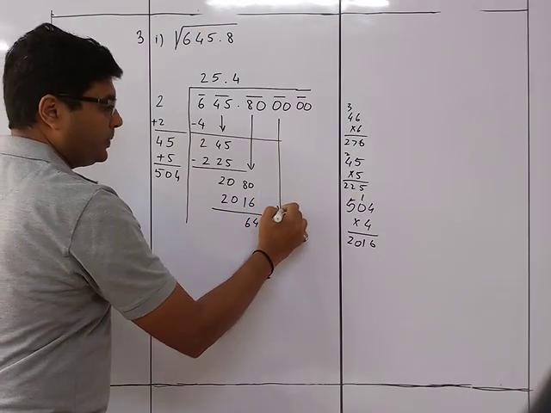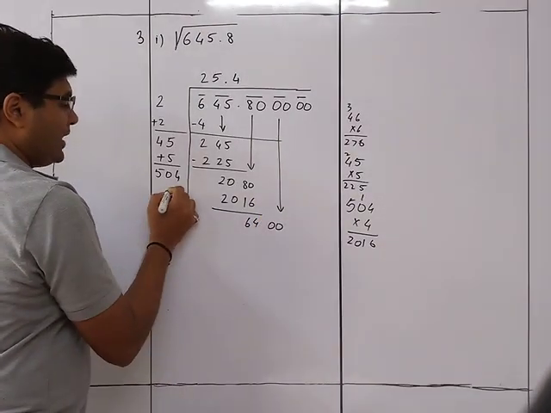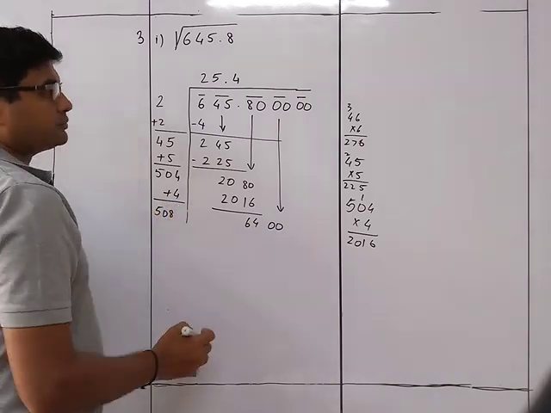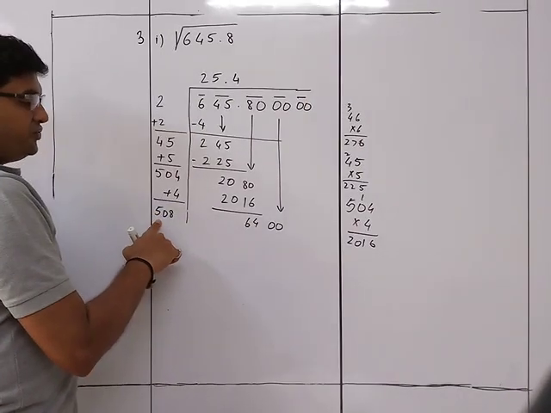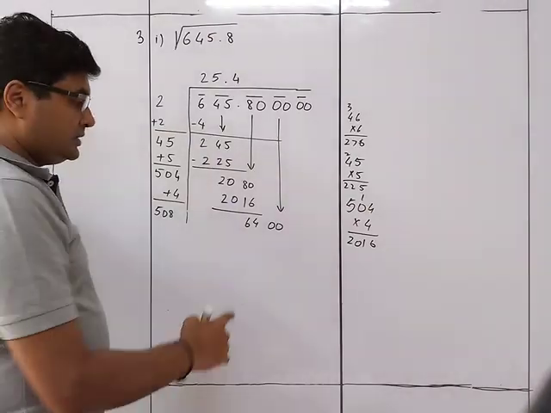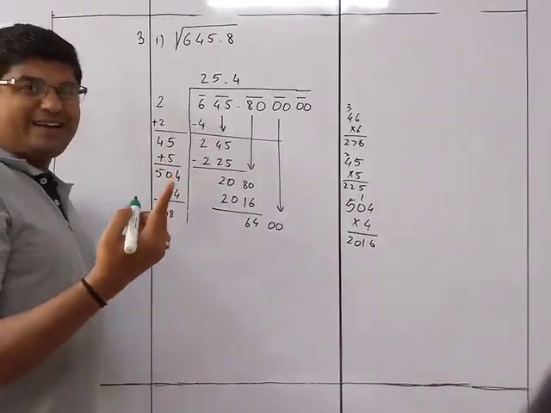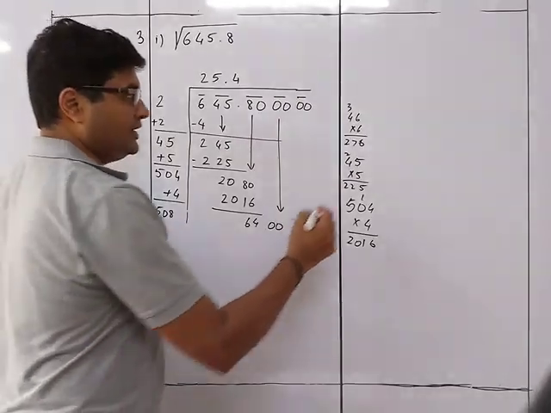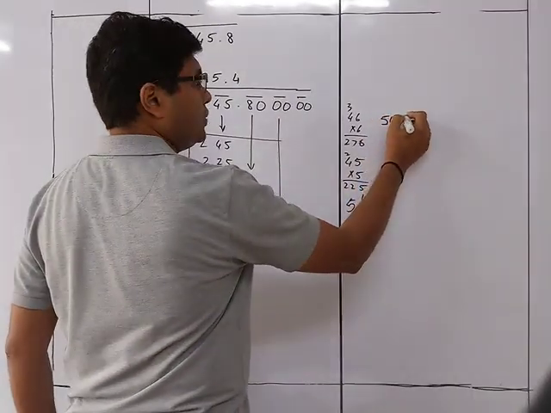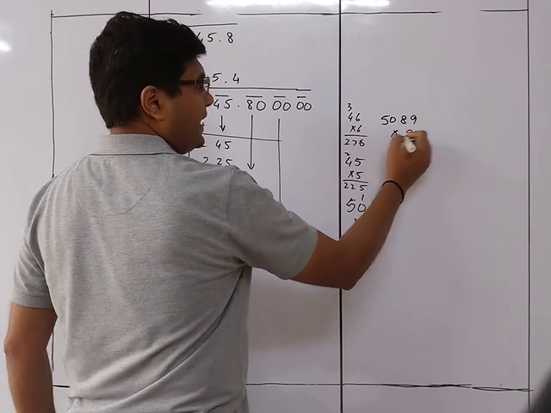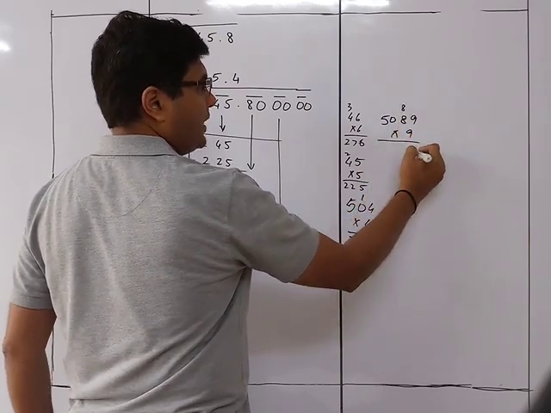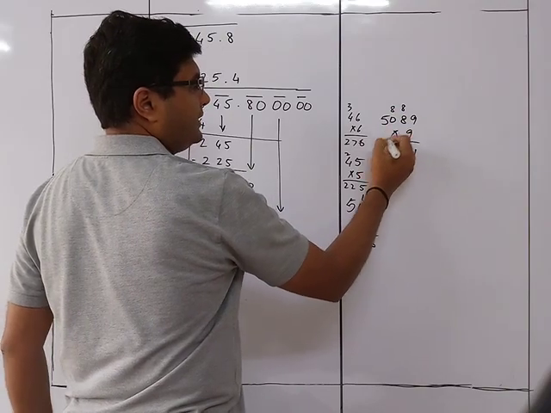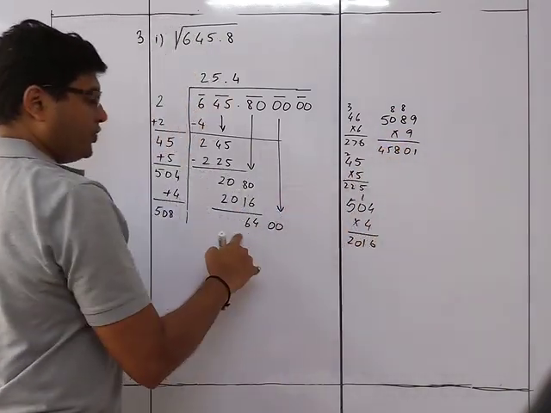And then you bring the 0 0 here, you add 4, you get 508. Now this is 5, this is 64, so automatically it is more than 10. So we will take the last number, that is 9. So let's try 9. 5089 into 9 will give me 9 9s are 81, 9 8s are 72, so it will be 88 and then 45. So it is 45.